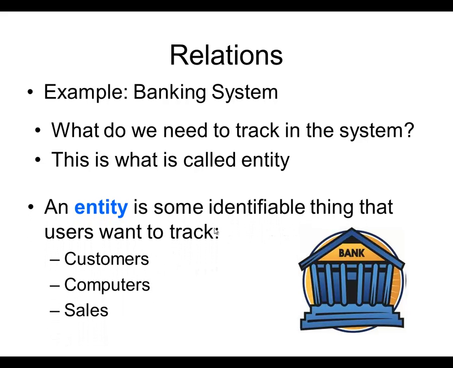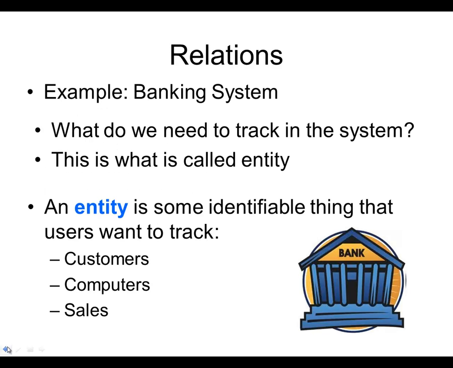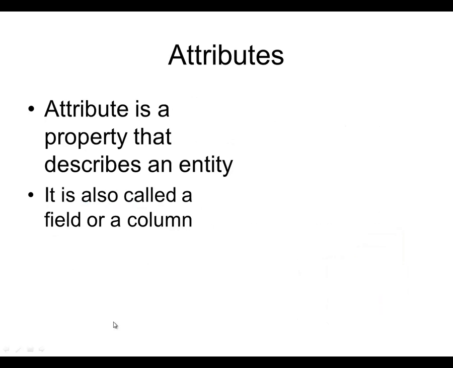An entity is some identifiable thing that users want to track in the system, such as customers, computers, sales, orders, transactions, and so on. Once we identify the entity, we start looking at how we can collect data related to that entity. Data related to the entities are called attributes.